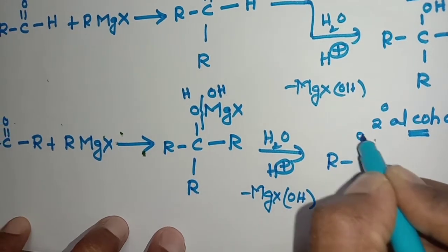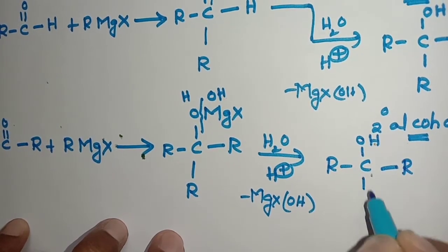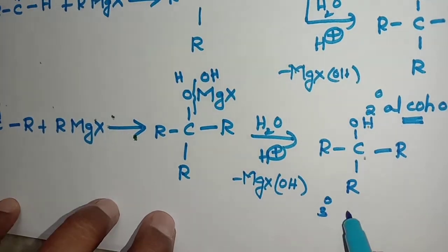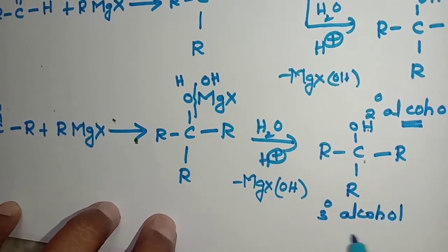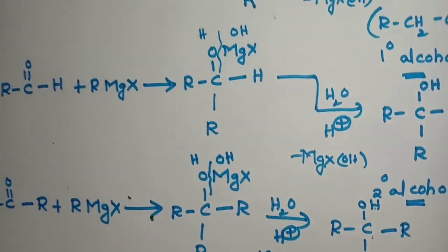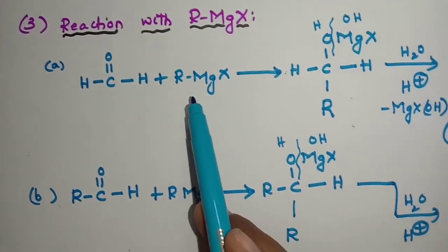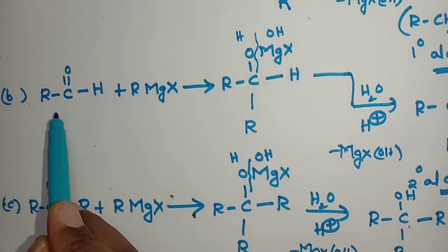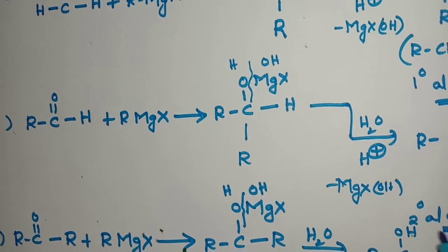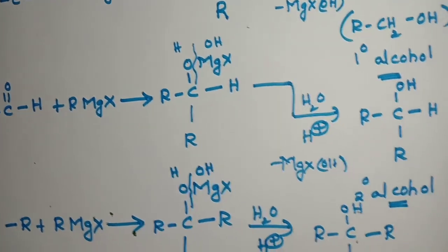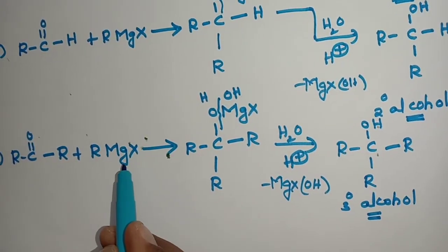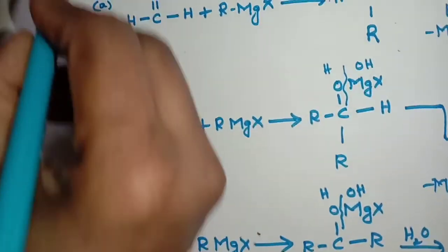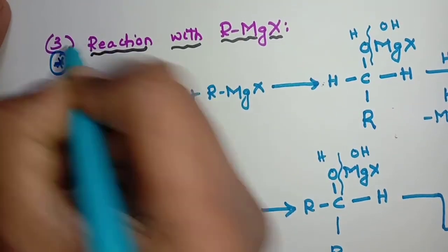R, C, OH, here R, here R. Okay. So the previous one was a secondary alcohol and this is a tertiary alcohol. Okay. So please remember, formaldehyde on reaction with Grignard reagent produces primary alcohols. Aldehydes other than formaldehyde produce secondary alcohols, and ketones on reaction with Grignard reagent produce tertiary alcohols. Okay, so this is a very, very important reaction.